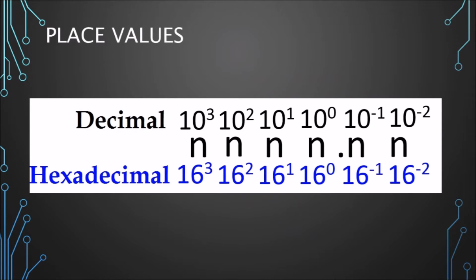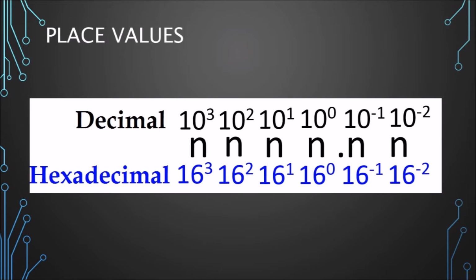With the place values, you can see that each placement corresponds to a power of the base. For decimal, we are working with base 10, hence 10 to the 0 power for digits, then going up 10 to the first power, 10 to the second power, 10 to the third power, and so on. This corresponds to, of course, ones, tens, hundreds, thousands.